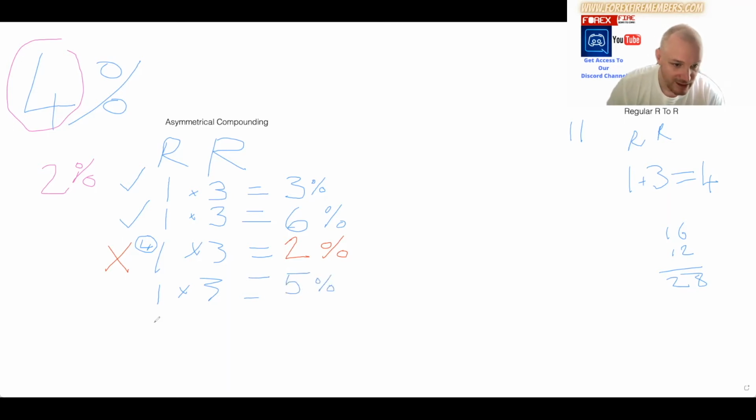Now let's see 1 to 3. Let's see it loses. So that's a winner. That's a loser. Technically that is still only a 1% loss because you haven't had two winners.